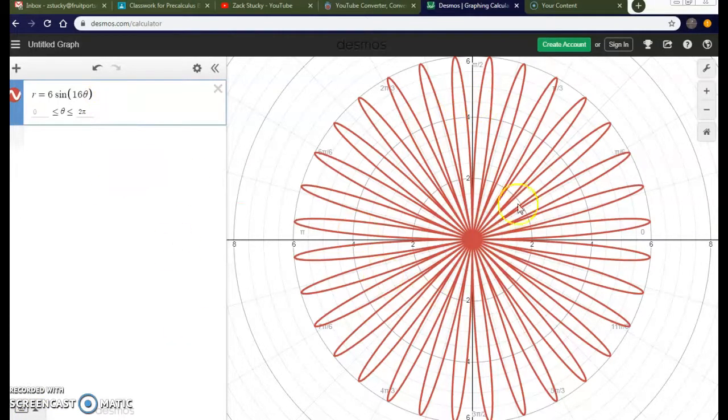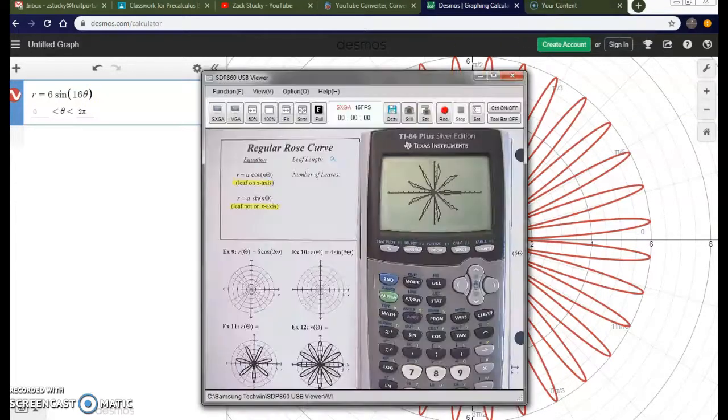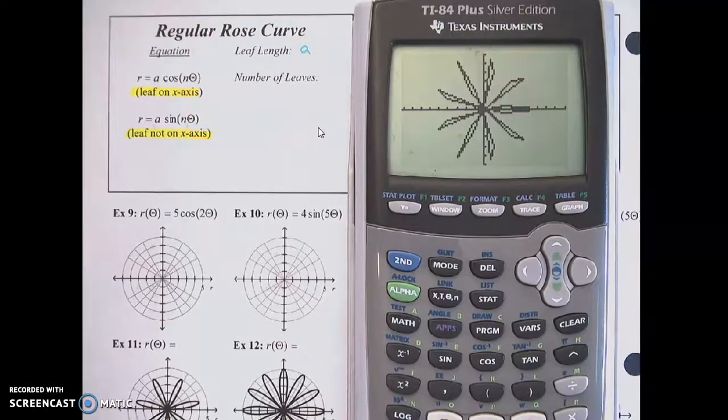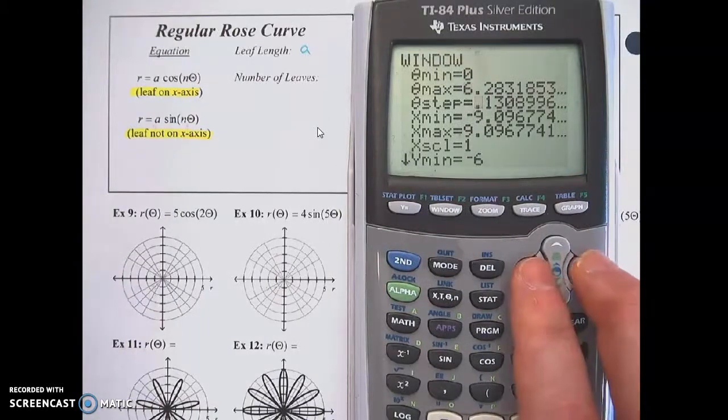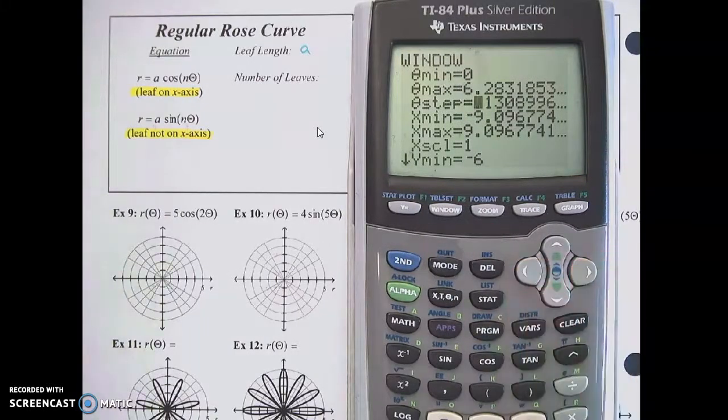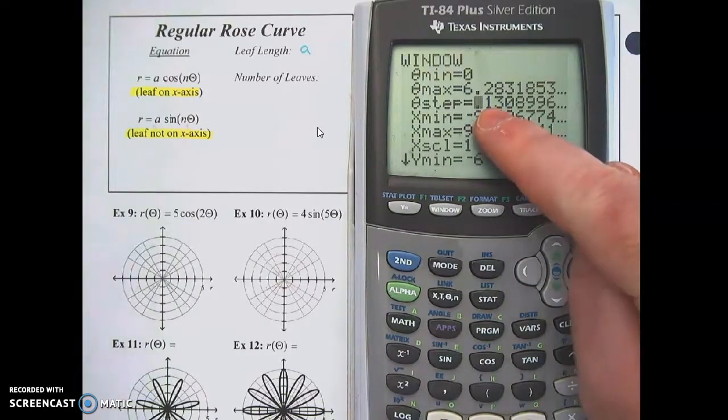our calc, we can get our calculator to draw this nicely, but there's a little bit of a price you have to pay to make that happen. So let's say go back to this one where we have 9 leaves. If I go to my window, this thing called theta step, the smaller you make this value, the more accurate your graph will be. So theta step is kind of like how often it takes a picture.